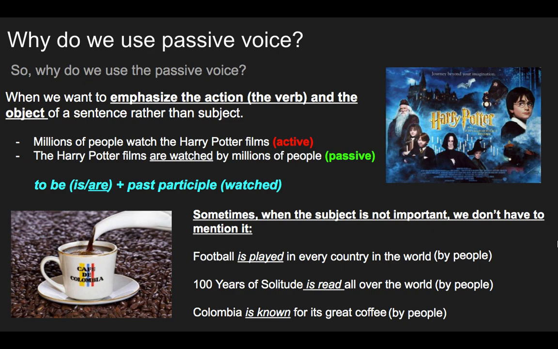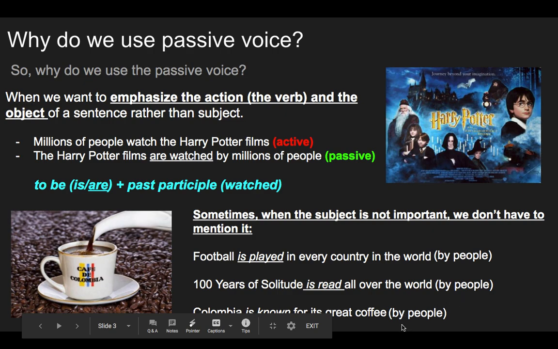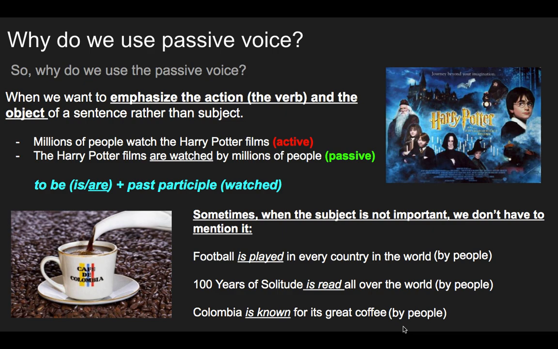The important thing is Colombia in this sense. So, in these cases, we don't even need to use by and the subject. We just say, Colombia is known for its great coffee. Football is played in every country.